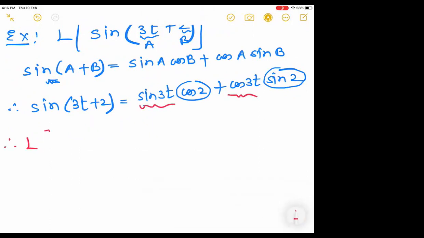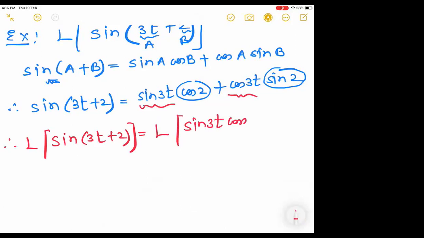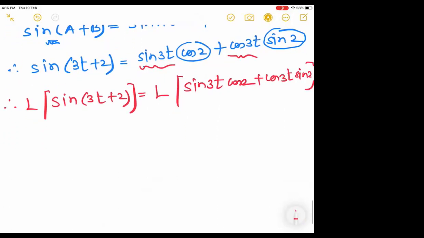When you take the transform of sin(3t + 2), you have to take the transform of all the terms on the right hand side: sin 3t cos 2 plus cos 3t sin 2. There is a linearity property in the Laplace transform, so for the addition of two t functions, you can separate them and take the separate Laplace transforms.